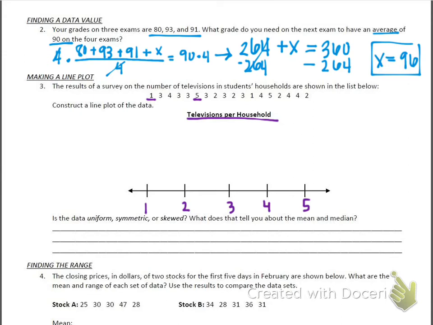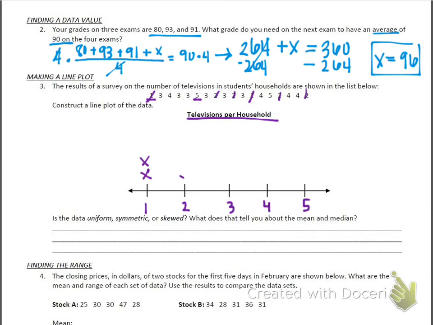And then we just count up the frequency of the data. So how many people have only one television? 1, 2. So we're going to do X's, or I like X's. If you want to do dots, you can do dots. Sometimes I have students that do stars. How many households have 2 televisions? 1, 2, 3, 4.